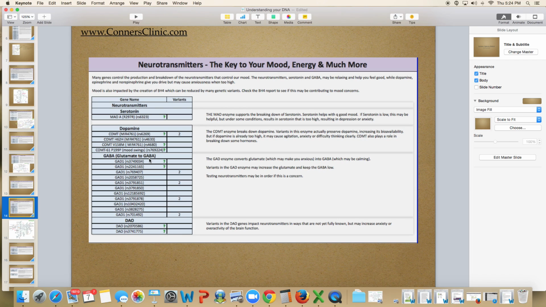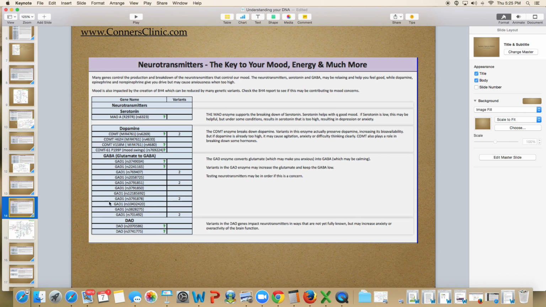When I have GAD defects, I'm quick-tempered, I'm angry, and it's really hard for my brain to chill out and calm down, and I tend to be prone to anxiety. So here's an individual who doesn't have the MAO defect, but I've had patients with a double allele MAO defect, 3 COMT defects, and multiple GAD defects. I can pretty much tell you their temperament. So this gives you some answers.